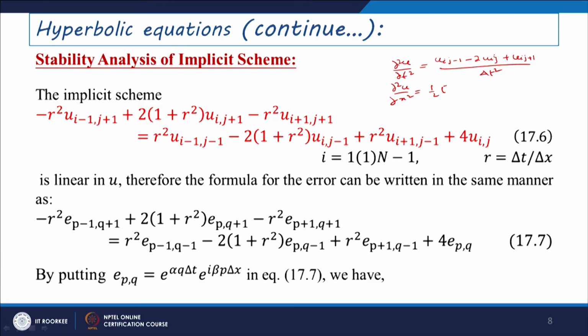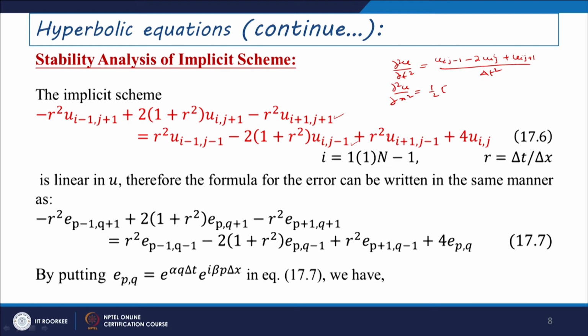So we are considering the average of these two schemes itself. That is why we obtain these schemes in this form, with values at the j plus 1th level and at the j minus 1th level.